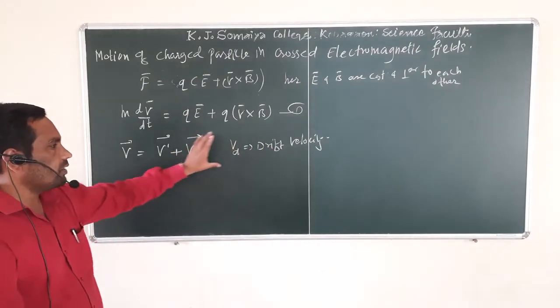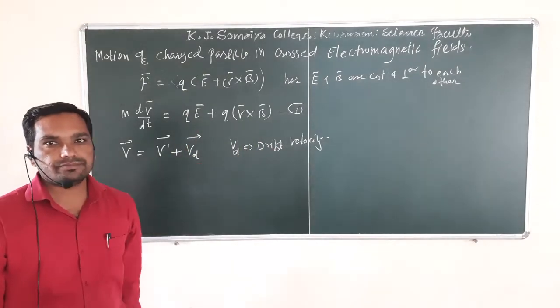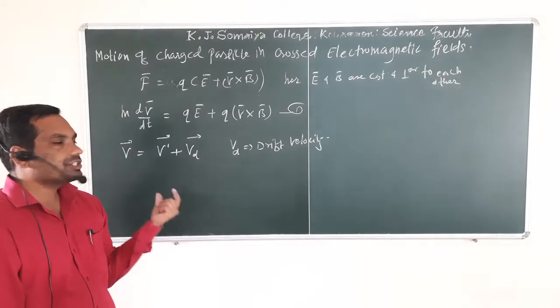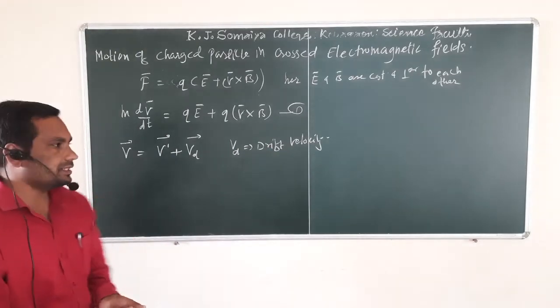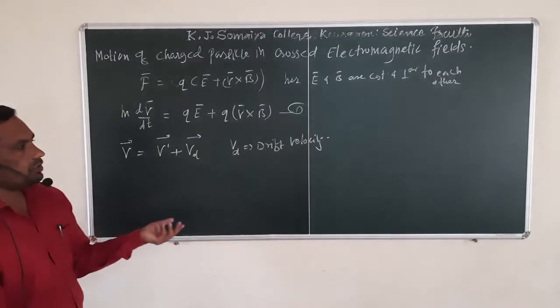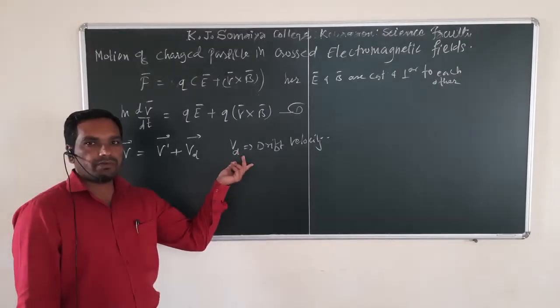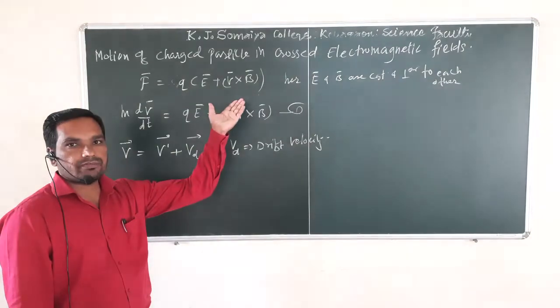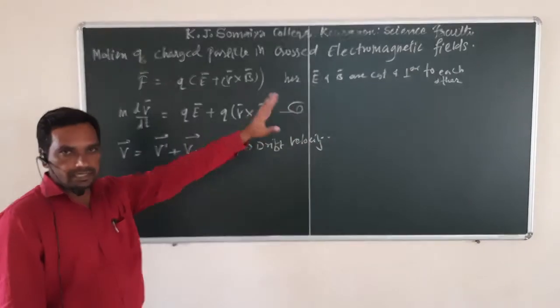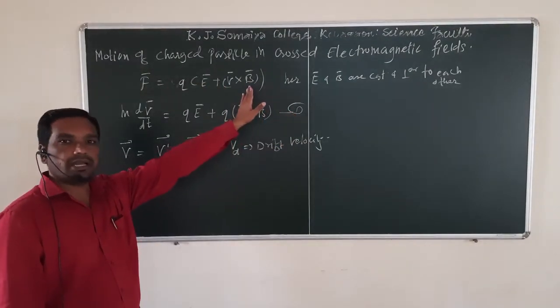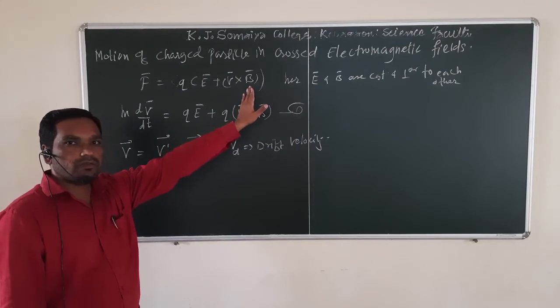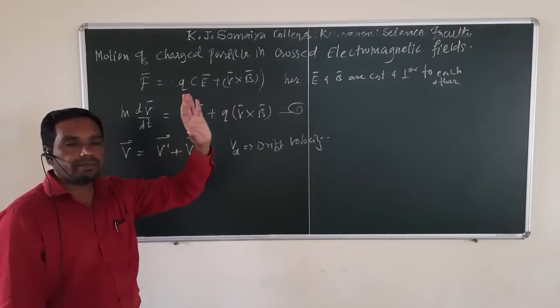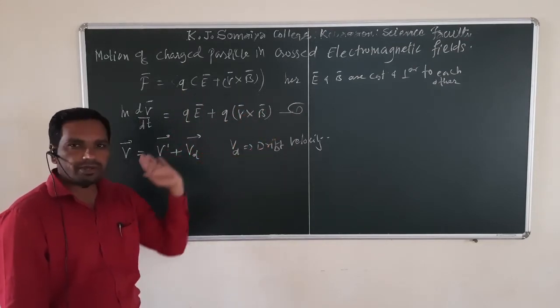That's why this velocity is known as drift velocity. If in an exam you are asked what is meant by drift velocity, you can write: when a charged particle is placed in an electromagnetic field, the electric field accelerates the particle, the magnetic field changes its direction, and the resultant velocity gained by the particle is the drift velocity.